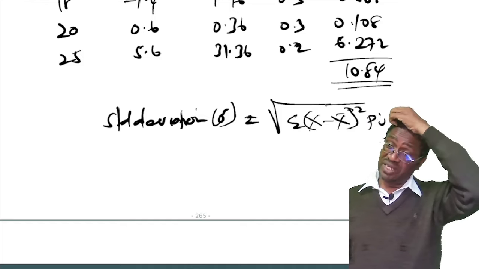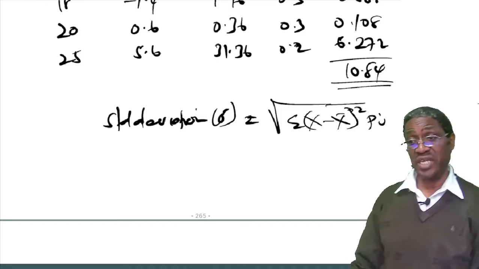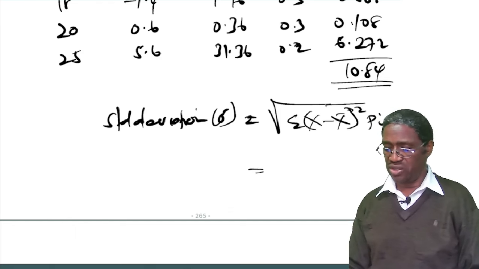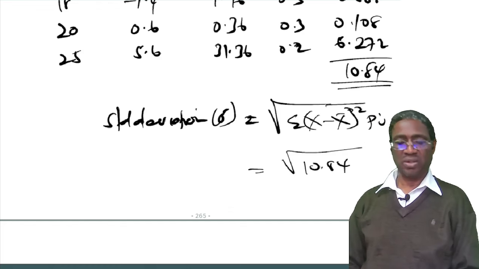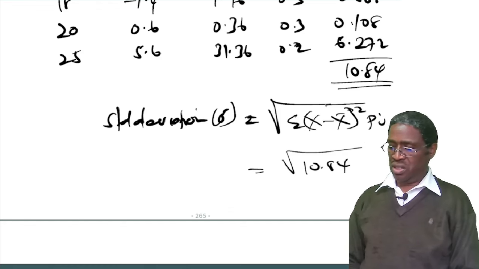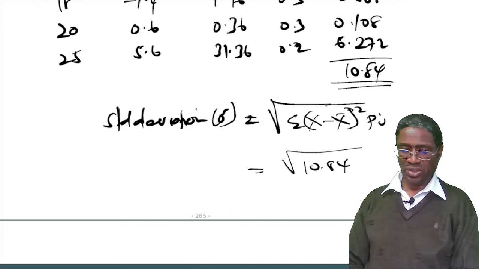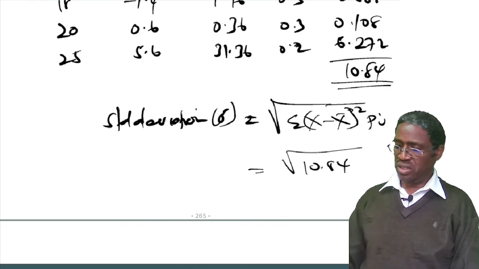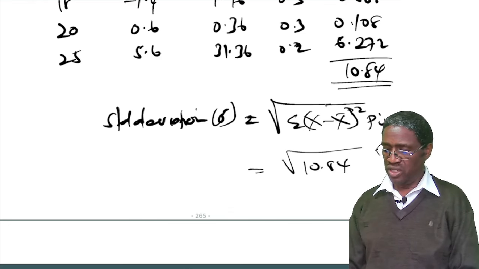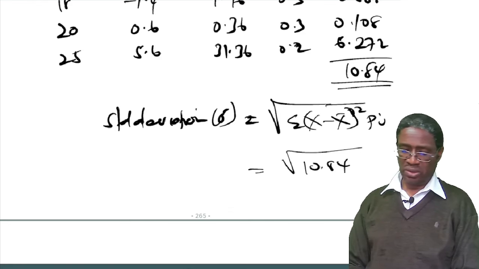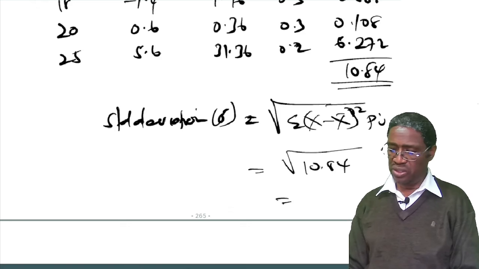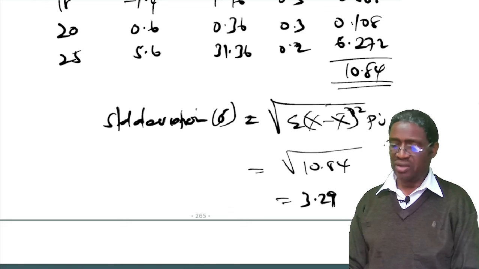What is inside the bracket is 10.84, so I just get the square root of it, because I've already done the calculation inside the formula, which gave me the table. The square root of 10.84 gives me 3.29. That's our standard deviation.